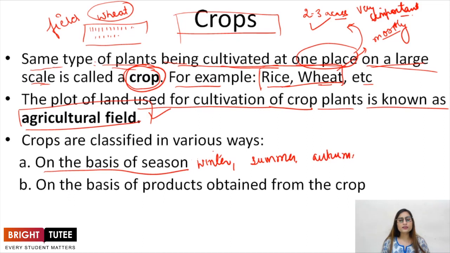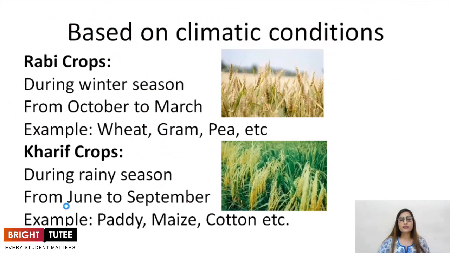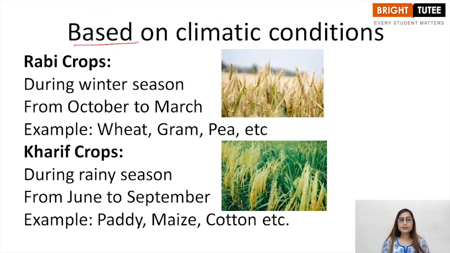According to the seasons, we grow our plants. Then the second categorization is on the basis of products obtained from the crop, right? First depends on the season, second depends on the products obtained from the crop. So let us start with the first classification. It is based on climatic condition, basically seasons, right?